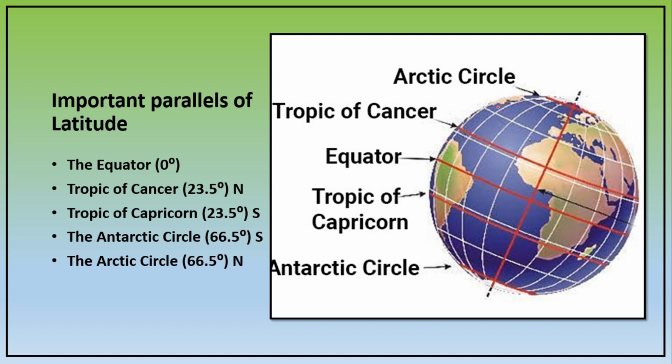But as we go higher up, we find that the curve becomes very prominent. Because of the flattened poles, the length of the arc of 1 degree of latitude near the pole is a little longer than at the equator. So the arc which the earth makes is longer closer to the poles than towards the lower latitudes.